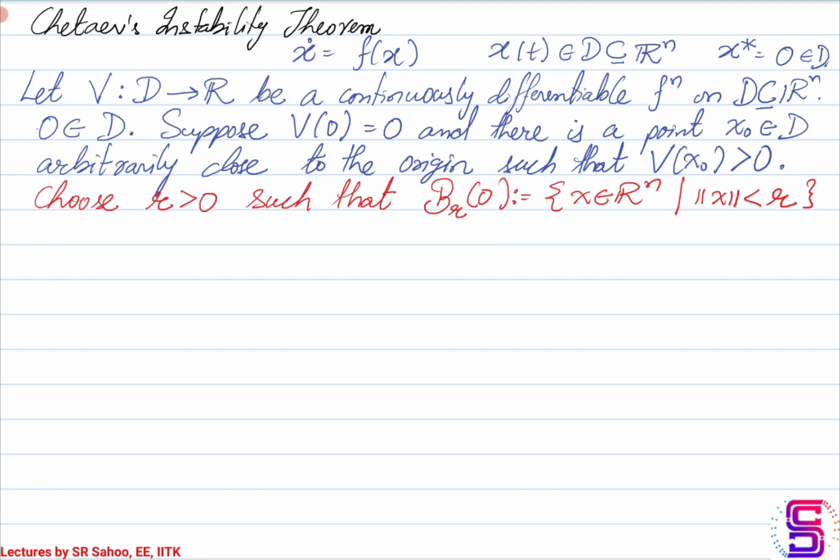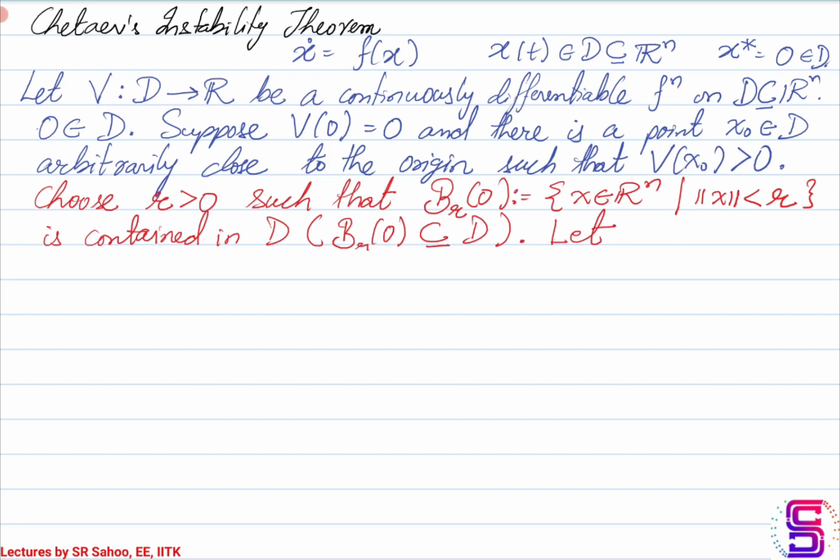Okay, and you have to choose this r such that this ball is contained in D. Okay, so this essentially means that B_r is a subset of D. Now find another set.